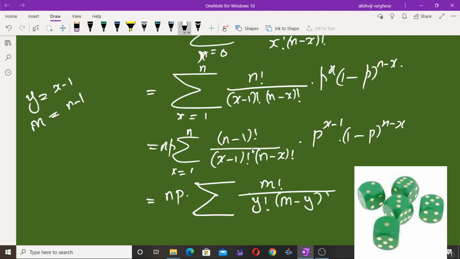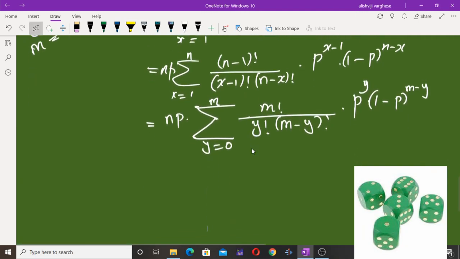You can cross check it, and p raised to y into 1 minus p raised to m minus y. And as x varies from 1 to n, y varies from 0 to n minus 1, which is m.